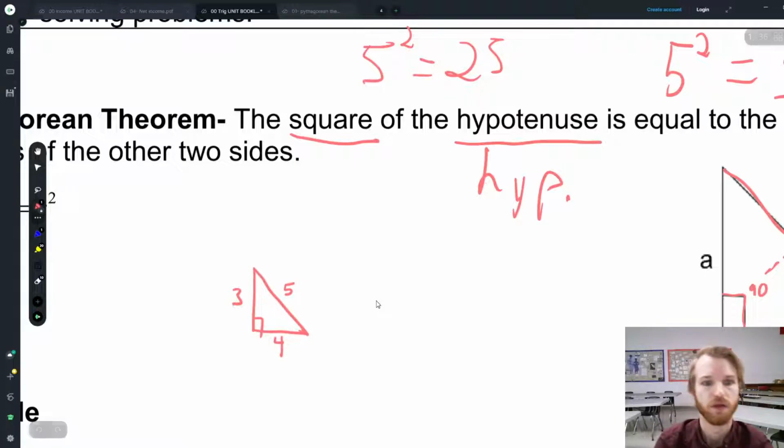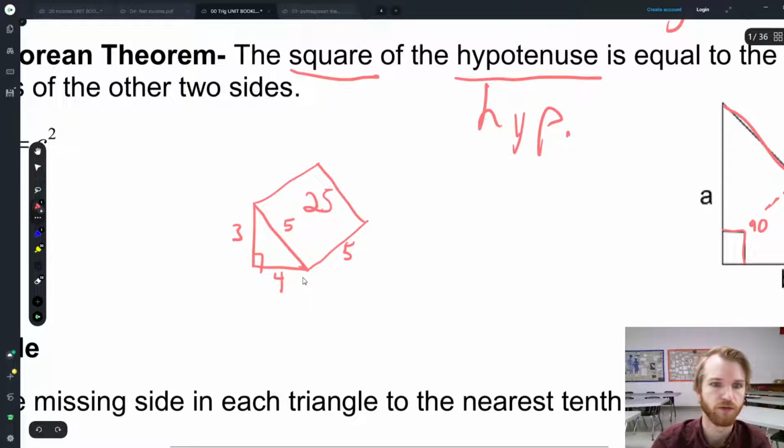So when it says the square of the hypotenuse, that's like taking this 5 and squaring it, multiplying it by itself. I'm going to draw a 5 by 5 box coming off this side of the triangle. This length is 5 and this length is also 5. So inside here would be 5 squared, right? 5 times 5, the area of that is 25.